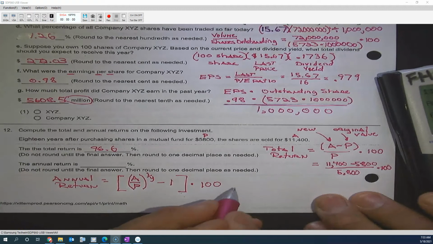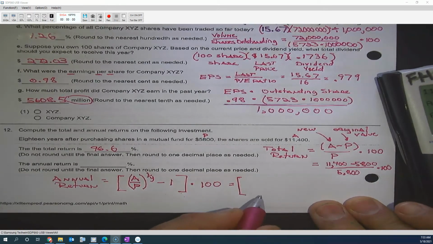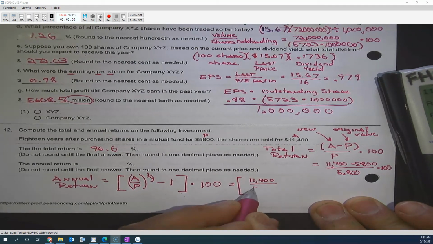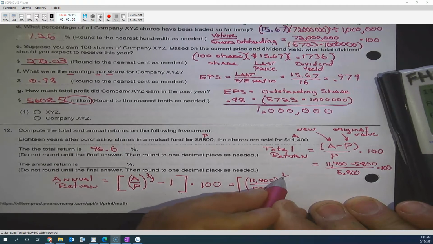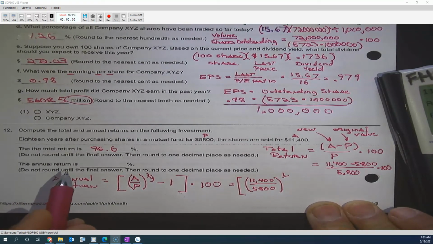Okay. So that's going to be, let's see, A over 5800. Okay, 1 over, okay, the number of years was 18.